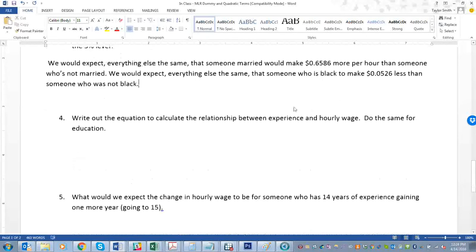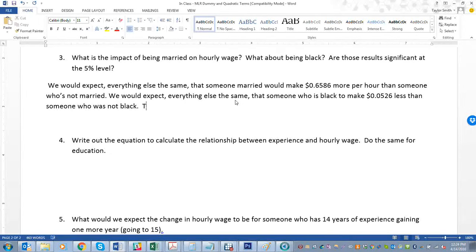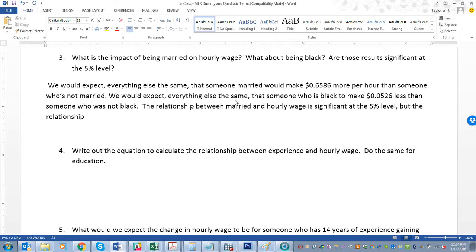So we'll come down here and we'll say the relationship between married and hourly wage is significant at the 5% level, but the relationship between black and hourly wage is not significant at the 5% level. Okay?